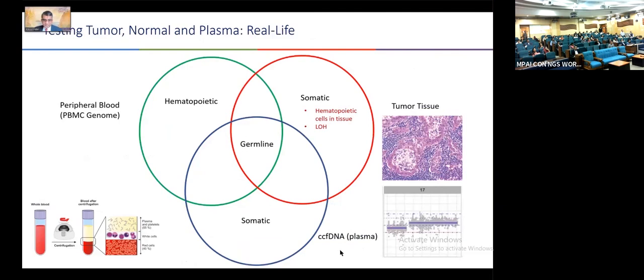What it meant is that now we are looking at different compartments, sometimes in tumor tissue, sometimes in blood, sometimes in plasma, and that does create this type of a combination of where is the variant coming from, and what does it mean. Is it a somatic variant? Is it a germline variant? Is it a hematopoietic origin CHIP variant?